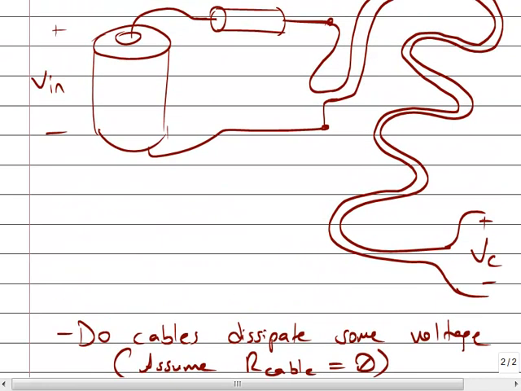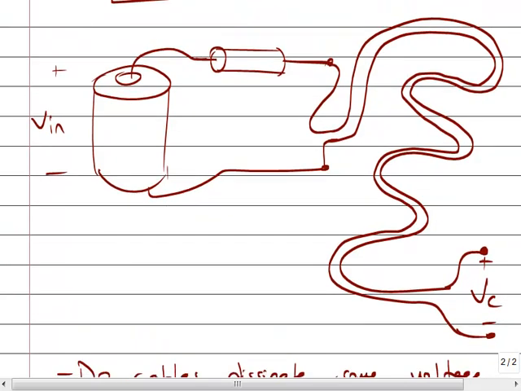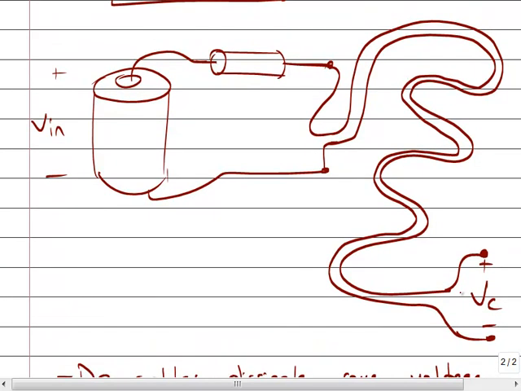Okay, read the voltage here. What's your expectation now? What do you expect as VC? I expect same shape because cables have no resistance. There will be no voltage drop.